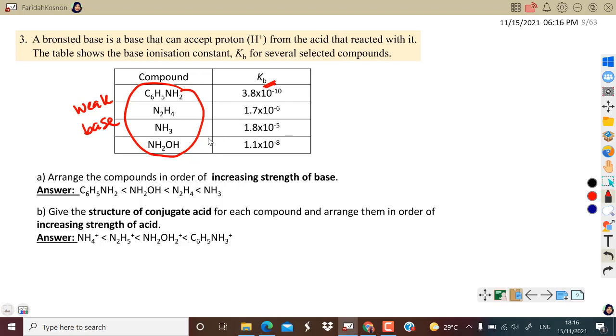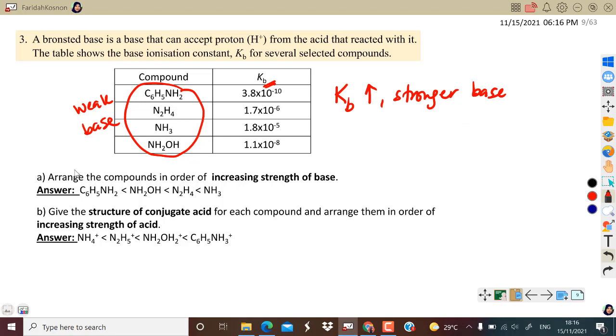So, how we are going to use Kb values to compare the relative strength of basicity of a base. When the Kb value is greater, it is a stronger base. Kalau nilai Kb itu makin besar, maksudnya di kalangan weak base ini, dia adalah stronger base.